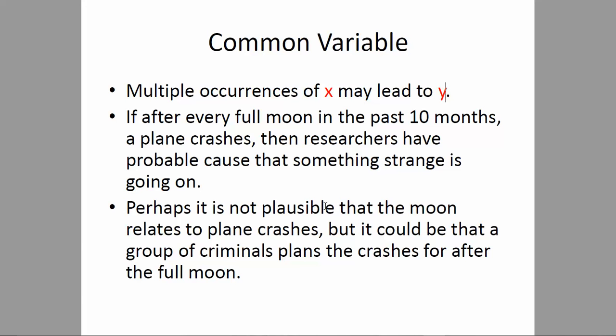But if we've had 10 full moons, one each month for 10 months, and every time there's a full moon, the next day there's a plane crash, something might be going on. Now, it's still not necessarily plausible that the full moon is causing the crash, but maybe something else is going on. Maybe that's the only time this particular rocket launcher works, or they can get permission to get out of the house and shoot down the plane. I don't know, right? There's probably something, though, that connects them together. Does that make sense? Okay.